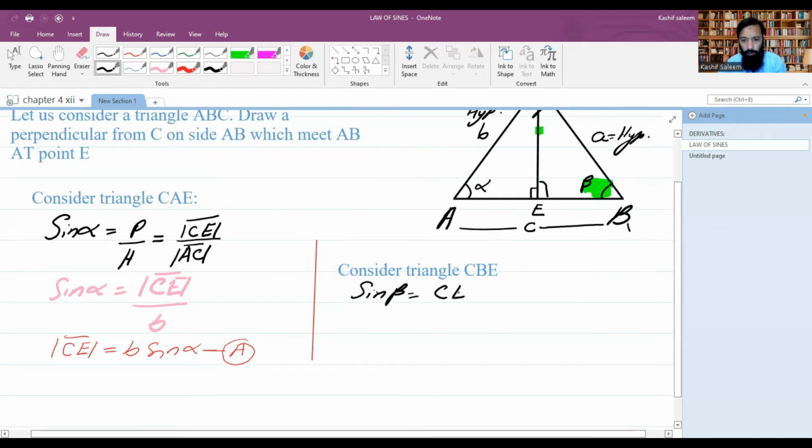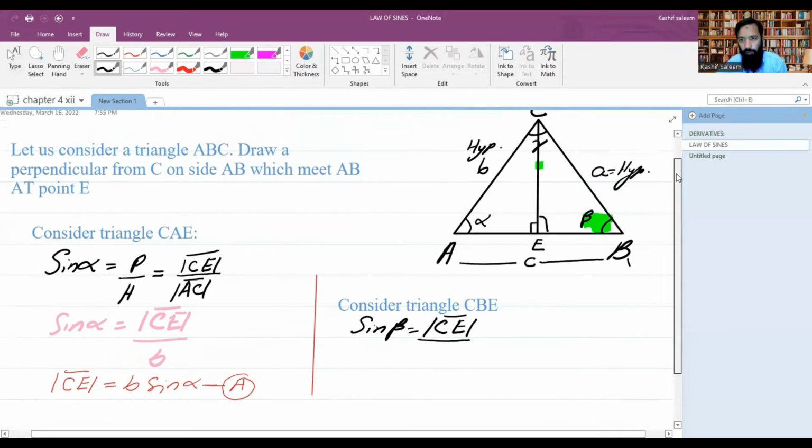Sine beta is equal to perpendicular upon hypotenuse, which is CE divided by the hypotenuse CB.